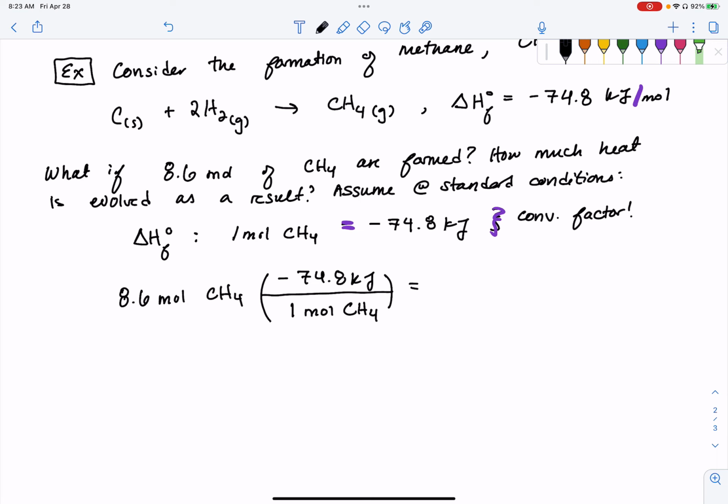So I need to take my 8.6 moles and multiply it with my 74.8 kilojoules of heat released. So 8.6 times 74.8 gives me negative 643.28 kilojoules released.